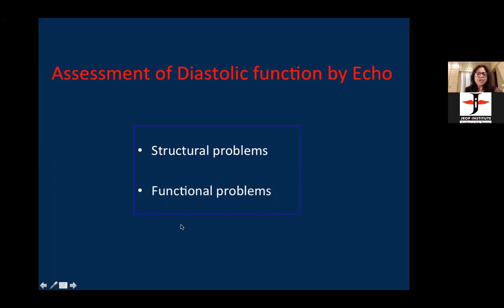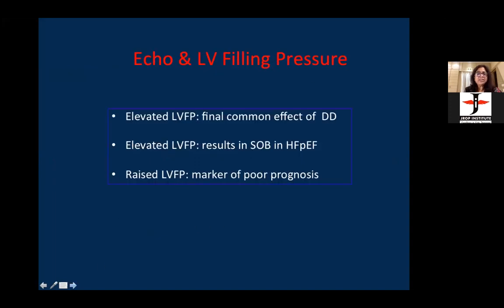When I say functional problem, I mean it's the LV filling pressure, because it is the elevated LV filling pressure which is the final common effect of diastolic dysfunction. As I go forward with my presentation, you would see how elevated LV filling pressure changes the scenario of diastolic dysfunction from grade 1 to grade 2 to grade 3. And it is the elevated LV filling pressure which results in shortness of breath in HFpEF.